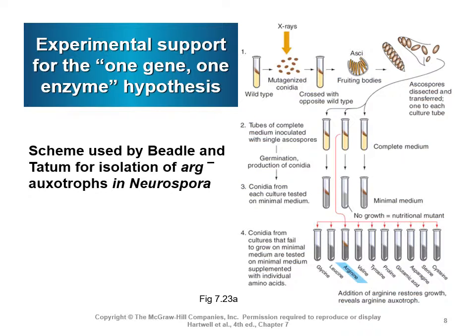So the wild-type Neurospora was exposed to X-ray radiation, and now we have mutagenized conidia. As we know, Neurospora is a fungus, and it was sexually crossed with the opposite wild type, and the fruiting bodies were collected and transferred to tubes of complete medium, and they were inoculated with single ascospores.